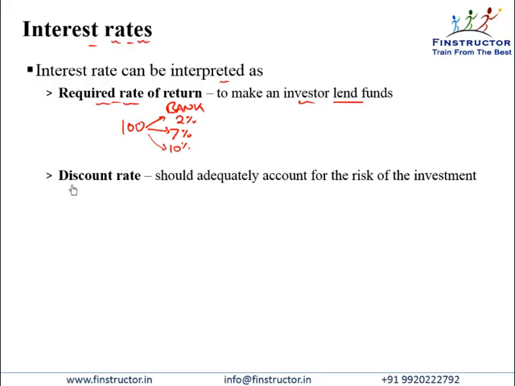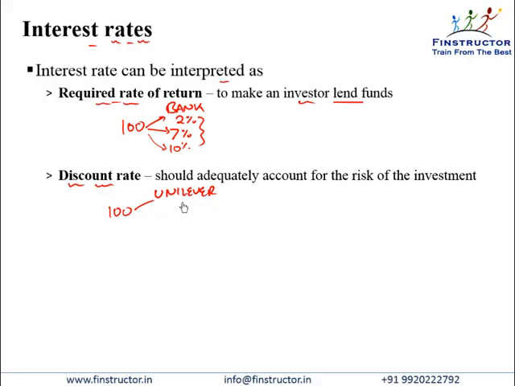Interest rate can also be thought of as the discount rate that should adequately account for the risk of an investment. So depending on who you are giving the $100 should also have a bearing on how much this rate is. So if this $100 is being invested in a company called Unilever.